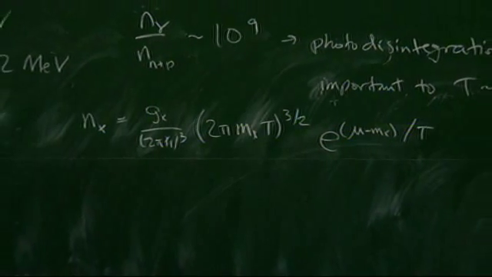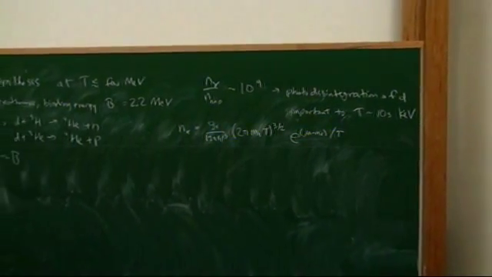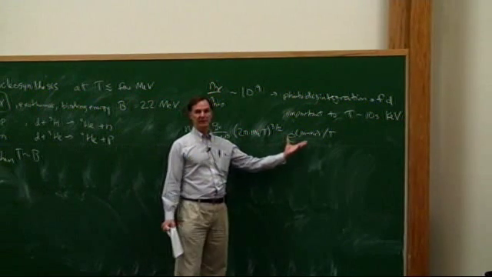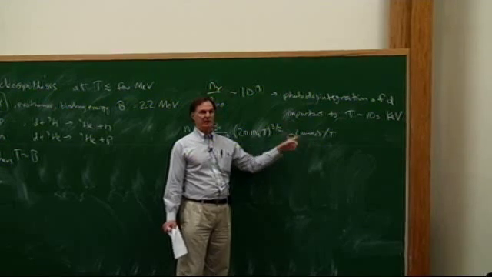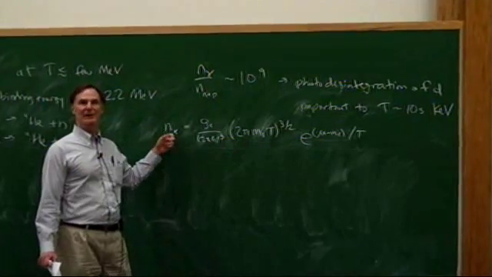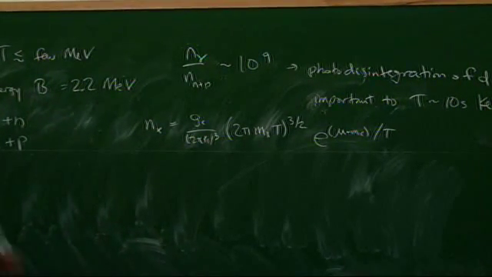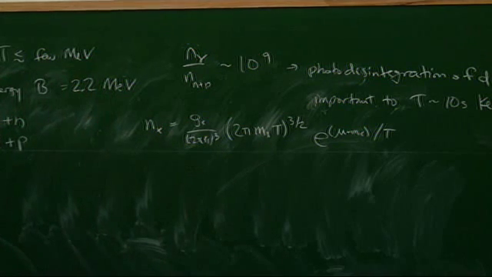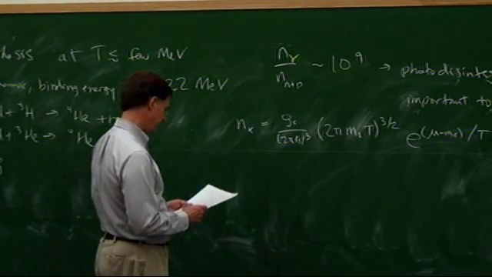So like we had for the neutrino, the +1 in the denominator, or -1, depending on whether it's fermion or boson, is unimportant because the exponential is so large compared with 1. And here we need to carry along the chemical potential. The chemical potential is basically just the logarithm of density divided by photon density with some powers of mass in here. So think of chemical potential as measuring the relative density of these particles.